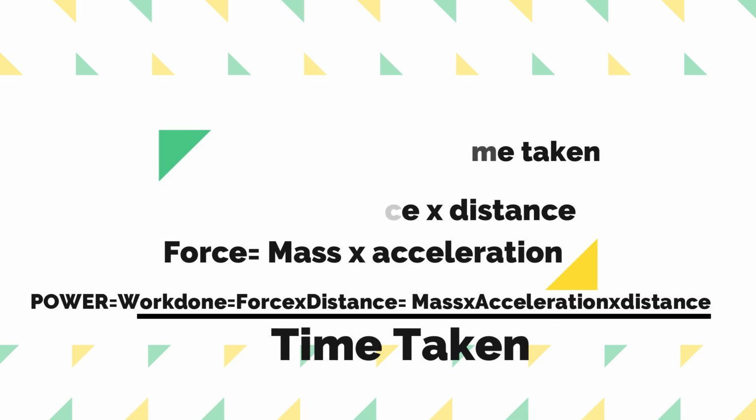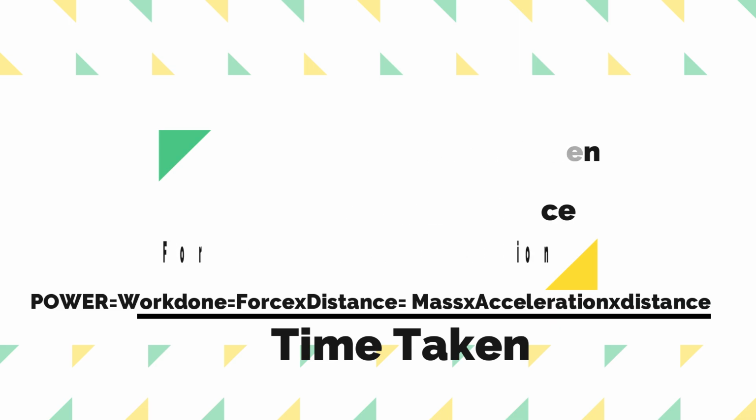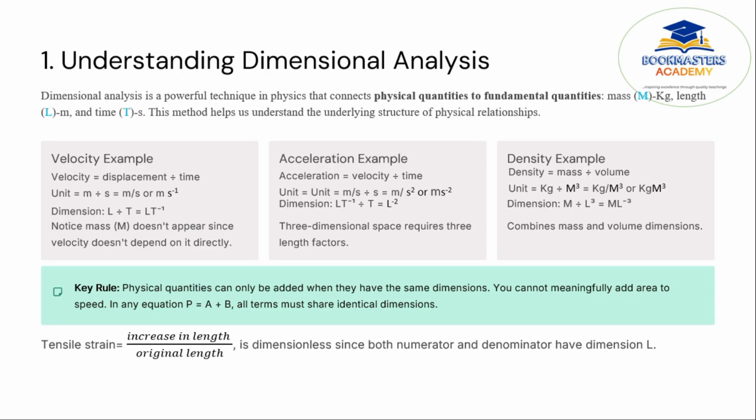So at this point, that's where we bring it down to dimension. In the world of dimension, we don't care who you are. It's either you are M, or you are L, or you're T. So most of the physics quantities, if not all, can be broken down.